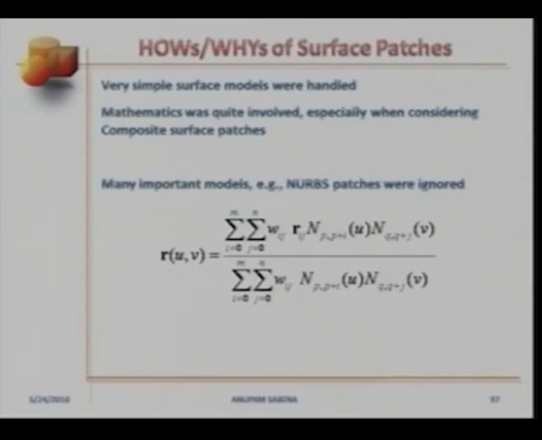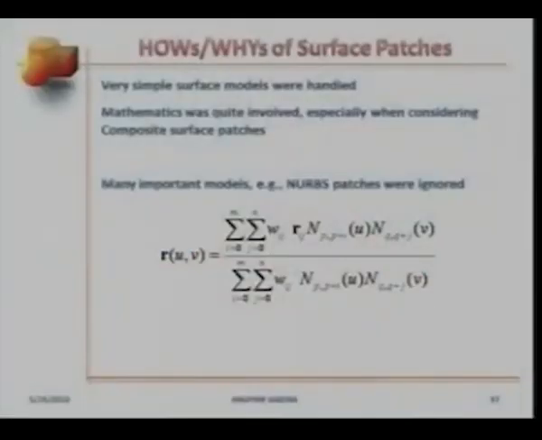I wish it was that simple, but again, the features and the generality offered by this mathematical expression are huge. Just that little piece of mathematical expression does not do justice to the subject of non-uniform rational B-spline surface patches.